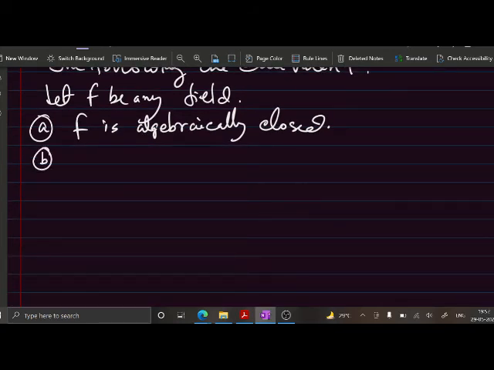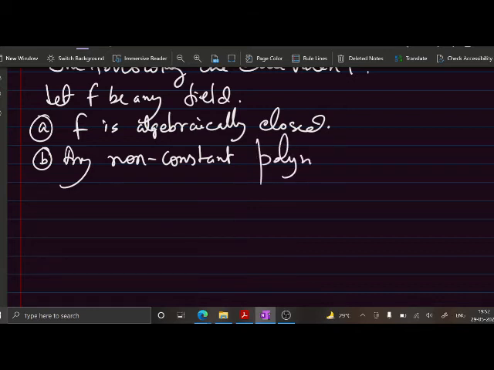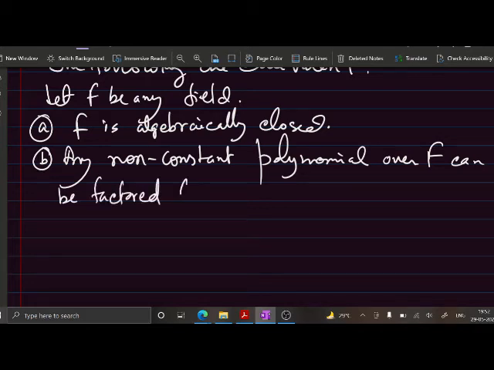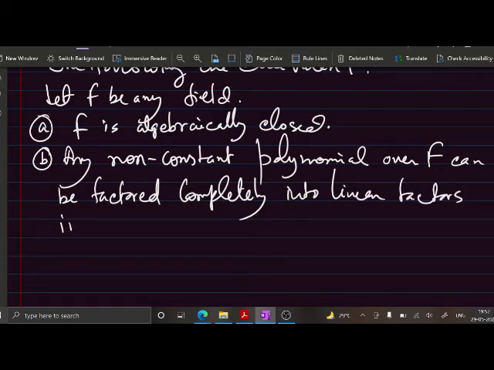The second statement will be: any non-constant polynomial over F can be factored completely into linear factors in F, or you can say in F[x].